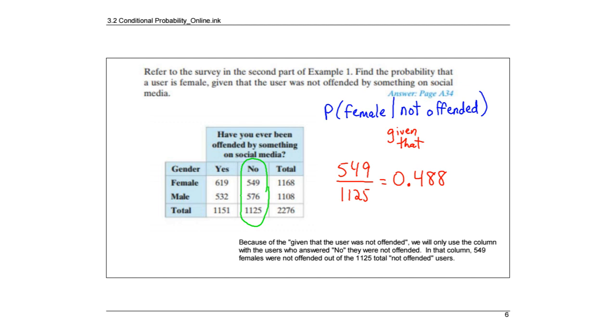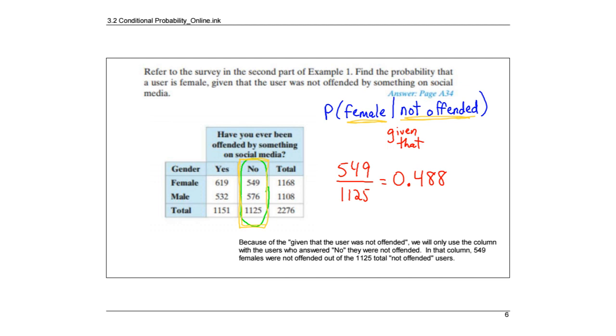We have, find the probability that the user is female given that the user was not offended by something on social media. So this is the same idea, but we're using different data. So we want the probability that the user is a female given that they were not offended. Okay, so we're going to take this column of not being offended.